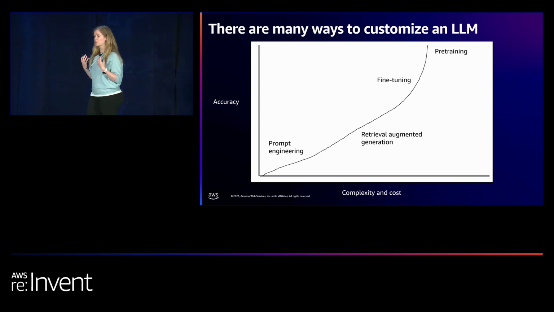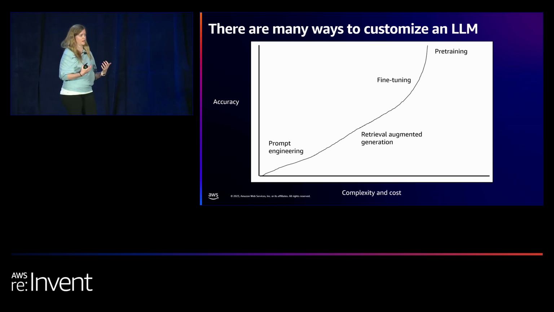Prompt engineering is the way most of us get started when we're evaluating and customizing a large language model. This is because it's easy to get started and it's not too expensive, but the techniques grow over time, right? Most customers will move into some type of retrieval augmented process that's using a vector database to improve the performance of that LLM.